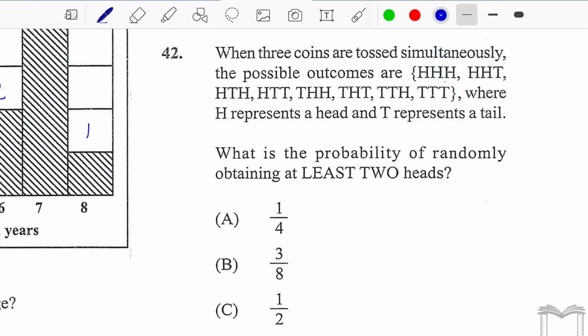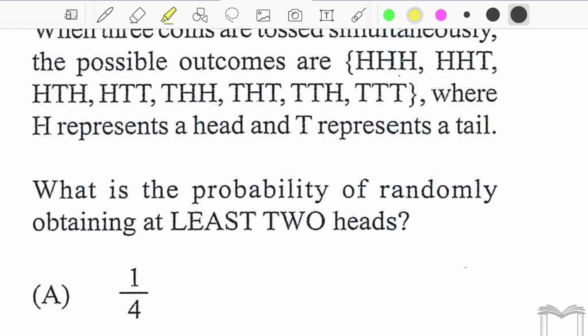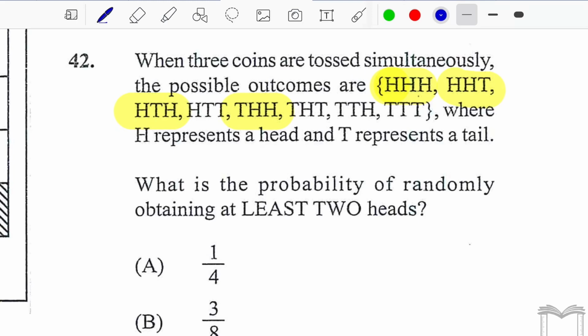So we simply have to identify the combinations that include 2 or more heads. So let's do that. Here we have 3 heads, so that's 1. Here we have 2 heads, here we have 2 heads, and here we have 2 heads. So that's 4.